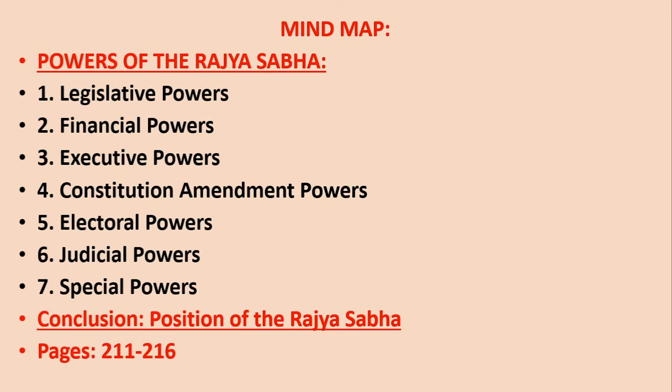And under the powers of the Rajya Sabha, I have discussed various powers, that is legislative powers, financial powers, executive powers, constitution amendment powers, electoral powers, judicial powers, special powers. These are the 7 types of powers enjoyed by the Rajya Sabha. And finally, I have discussed with you the position of the Rajya Sabha. Again, I am telling you this covers your pages from 211 till 216.